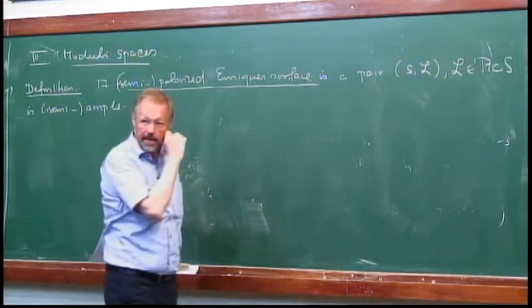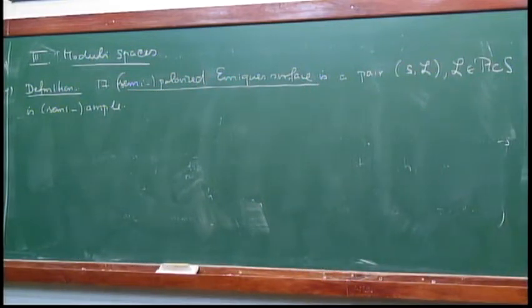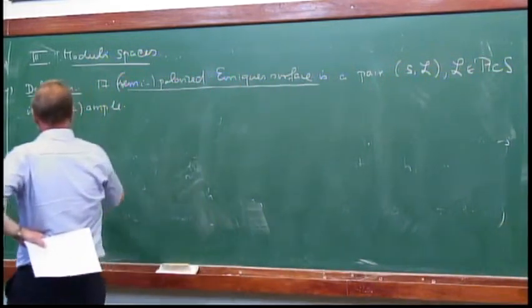Semi-ample, I mean big and nef. So the image is something like Enriques surface with a few nodes. That's the first definition.